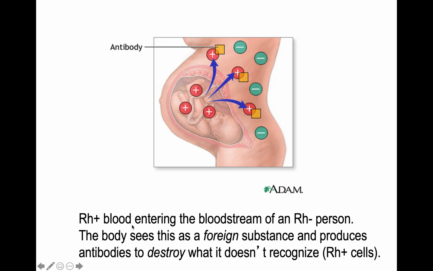And so we have the Rh blood entering the bloodstream of an Rh negative person, and we talked about how that happens. Usually it's some type of blood that's dripping, passed through from the placenta at one time or another. The body sees this as a foreign substance and produces antibodies to destroy what it doesn't recognize.